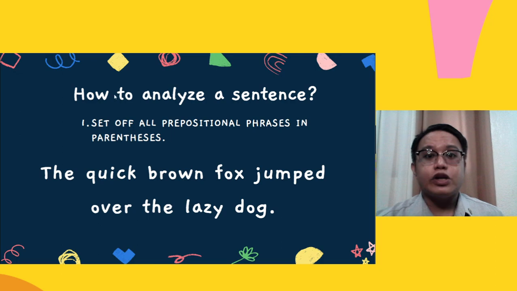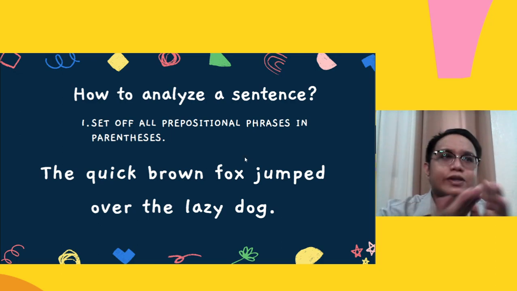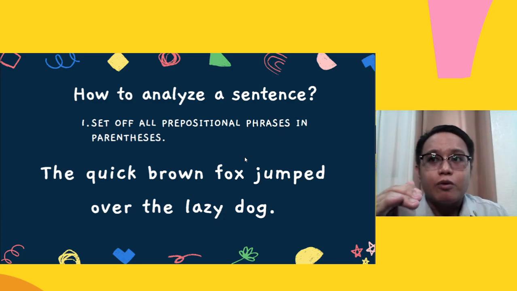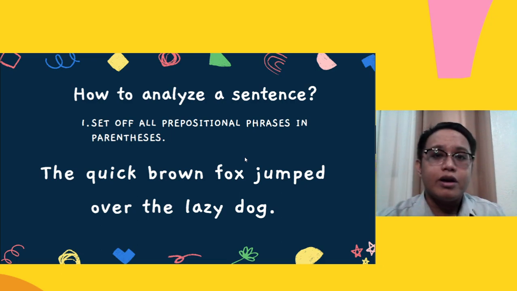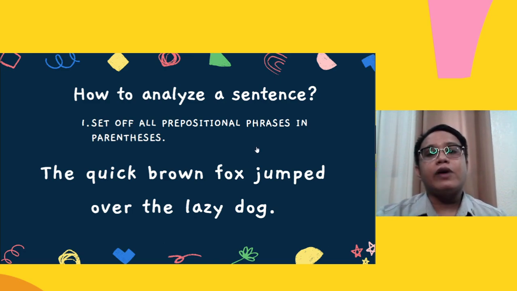Very good, over. After over, what's the first noun we can see after the preposition? Over, the is not a noun, lazy is also not a noun, but dog is our noun. So, we end our prepositional phrase after the dog.